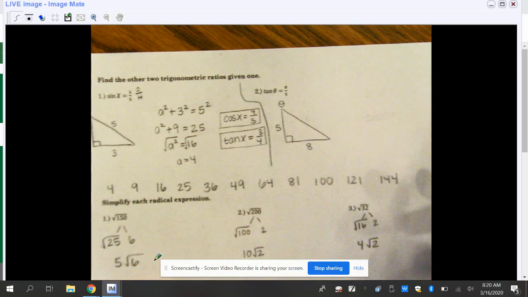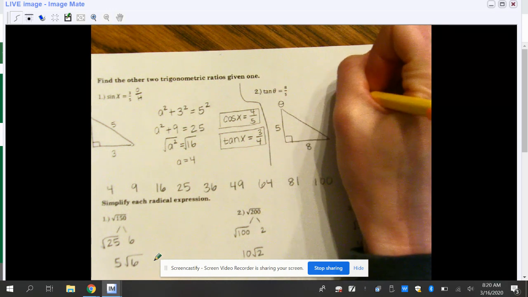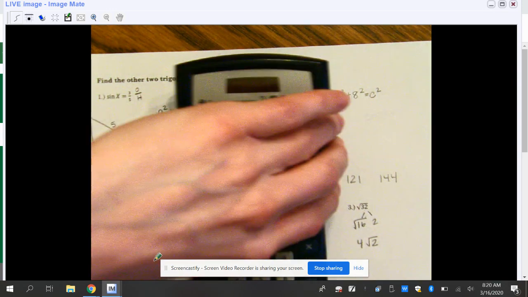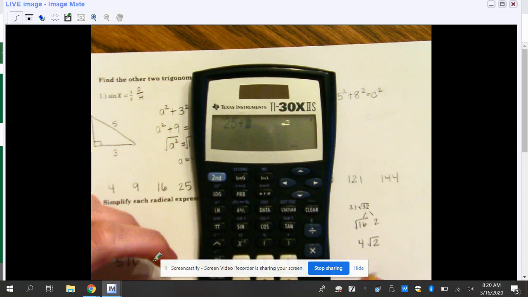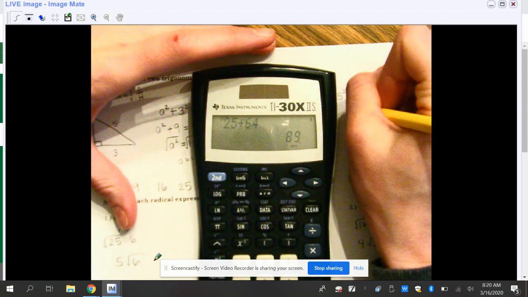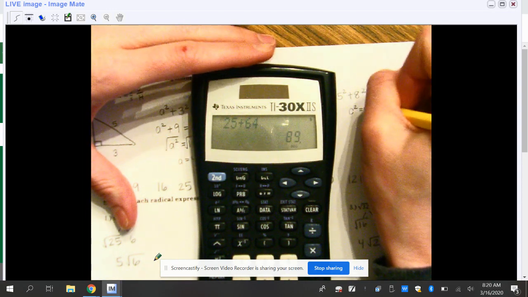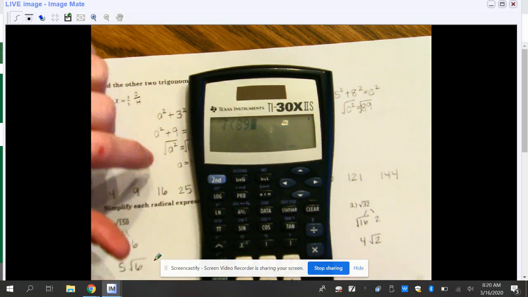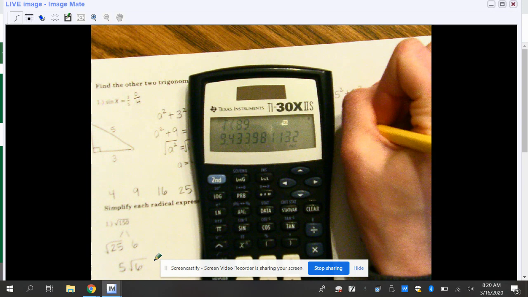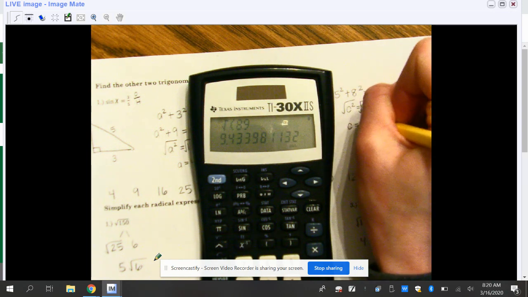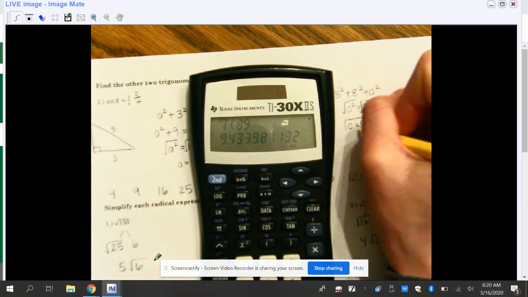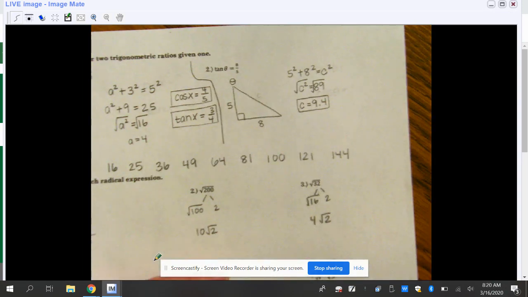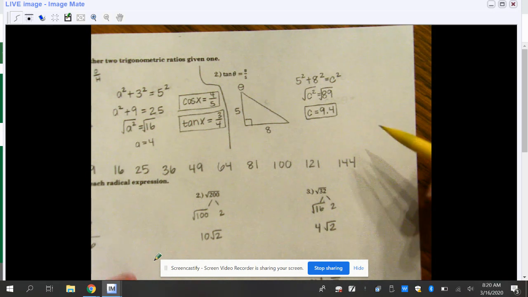So now my equation, that is my variable. So 5 squared plus 8 squared equals c squared. 25 plus 64 is 89. And so when I take the square root, I get about 9.4. Remember, I'm okay with you guys doing decimals at this point. We'll fine-tune the radical stuff later on this unit. And so now I can put that here.